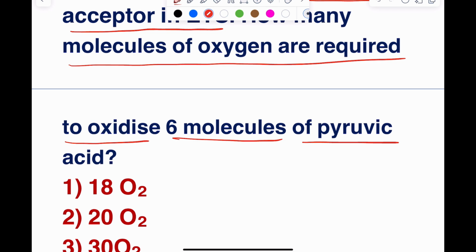Here, two pyruvic acids developed from one glucose molecule.